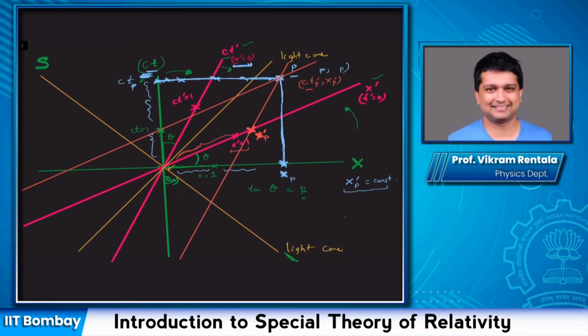This line over here passes through the point P and is parallel to the x prime axis. So all points on this line have t prime equal to constant, and so if they pass through the point P, which has coordinate ctp prime, then all points on this line have time coordinate tp prime according to the primed observers.